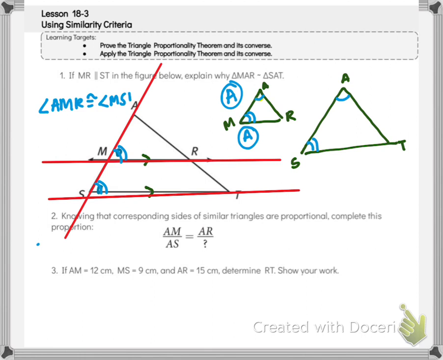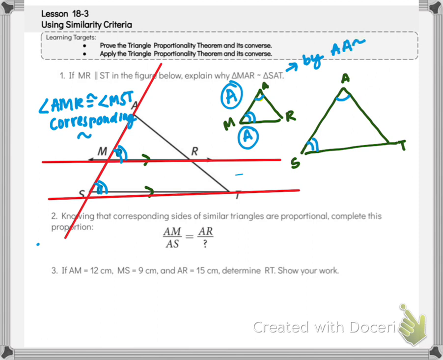I'll use MST. They're congruent because they are corresponding angles. Okay, so explain why triangle MAR is similar to SAT: by AA similarity, okay?